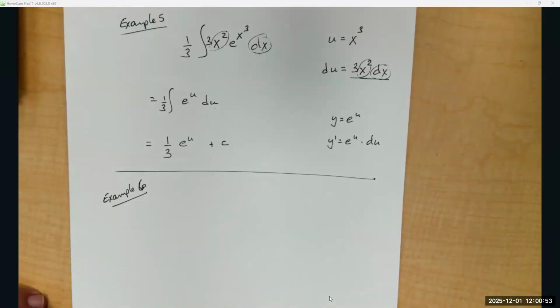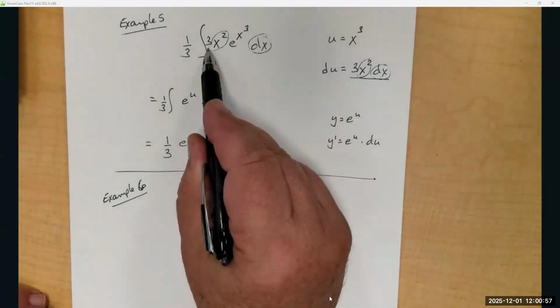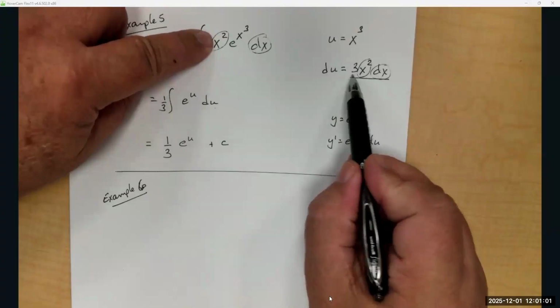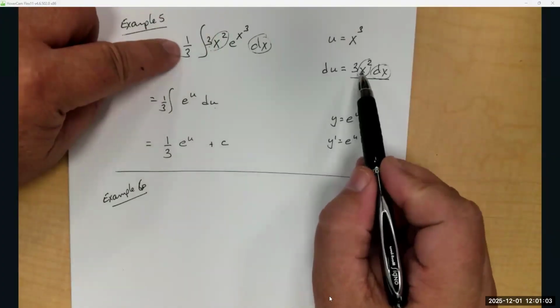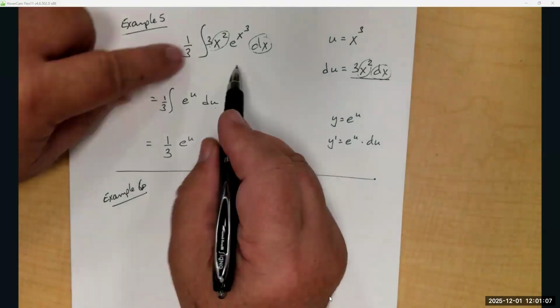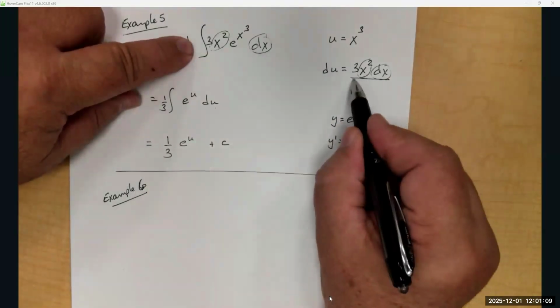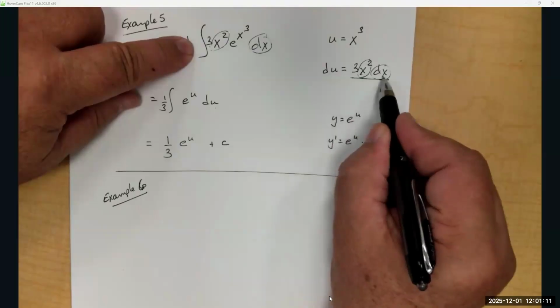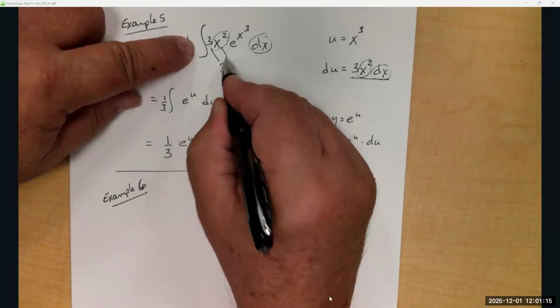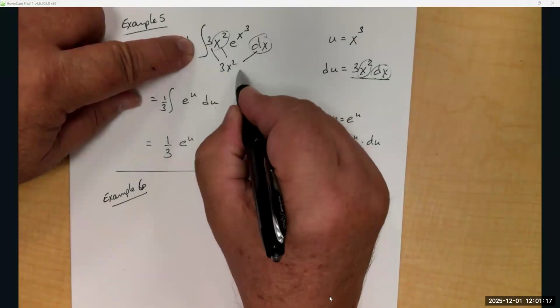I just lost my 3 down there. This one? The first half it didn't have a 3. We added it, yes. So what do we need? We need to have 3x squared dx.